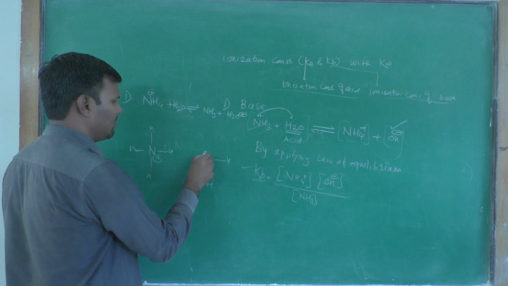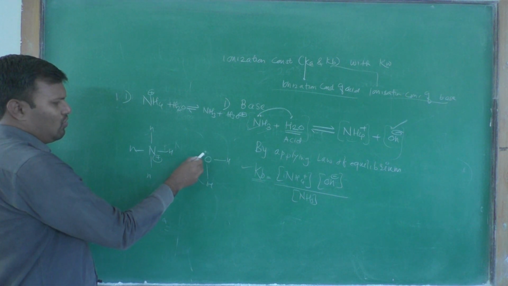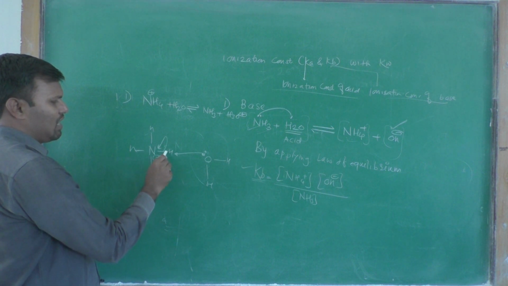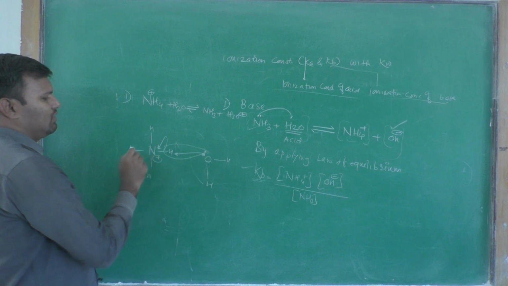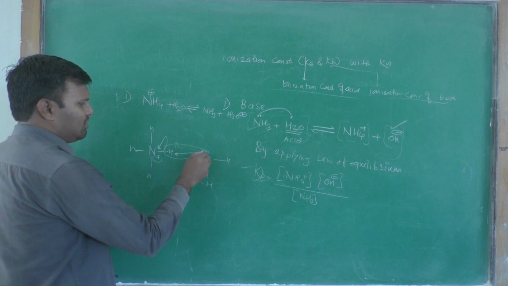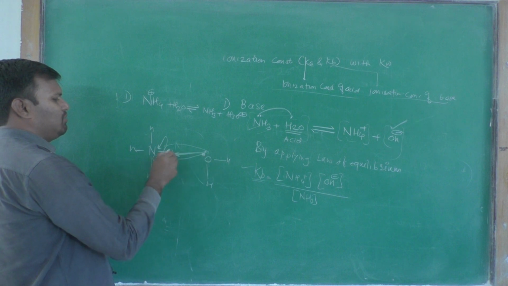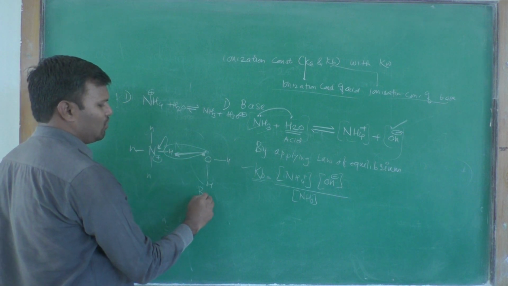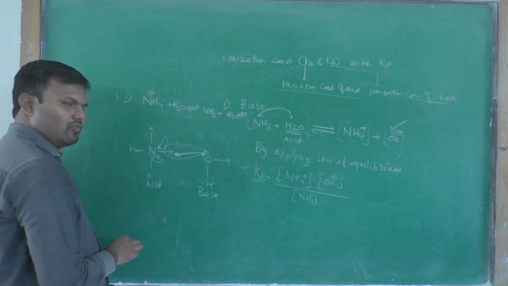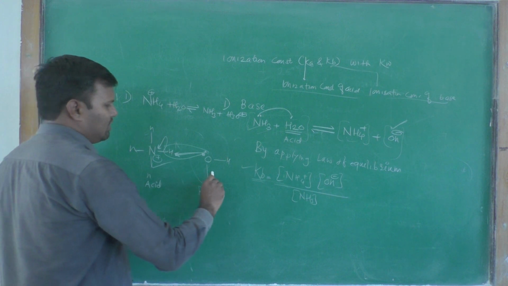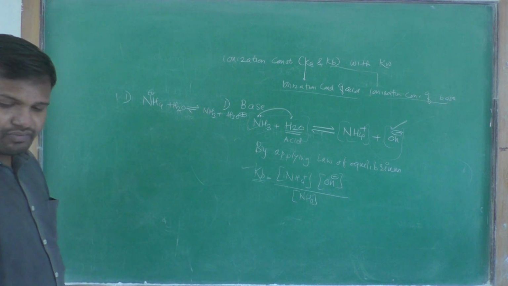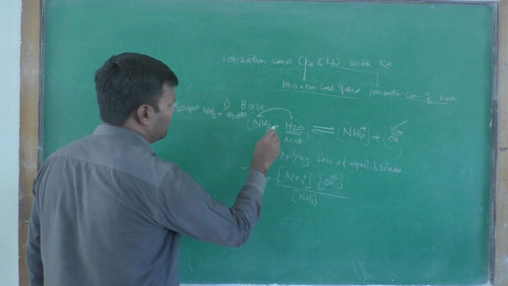The lone pair accepts this hydrogen, and it gets neutralized. The species which gives the lone pair is the base and the species which gives H plus is the acid. Therefore NH4 plus acts as the acid and water acts as a base. In both cases we have taken the electrolytes and the addition of water.